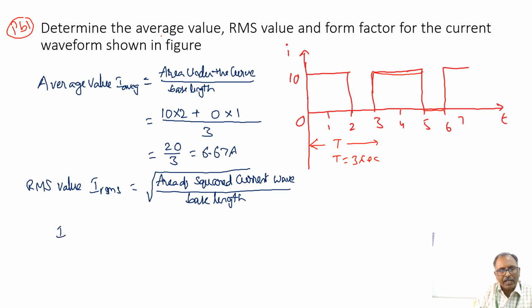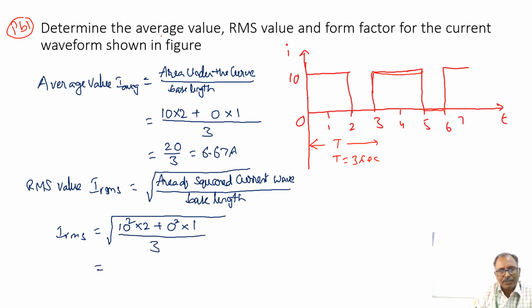So I RMS is given by the square root of, from 0 to 2, the magnitude is 10, so I squared is 10 squared into time period 2, plus from 2 to 3 magnitude is 0, so 0 squared into 1, divided by total base length 3.